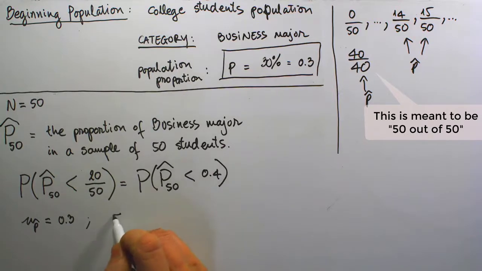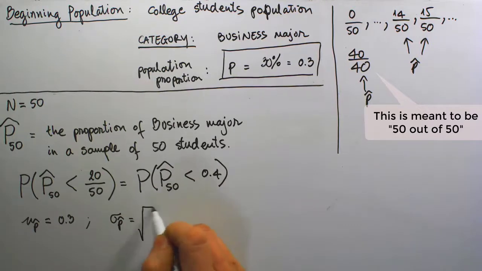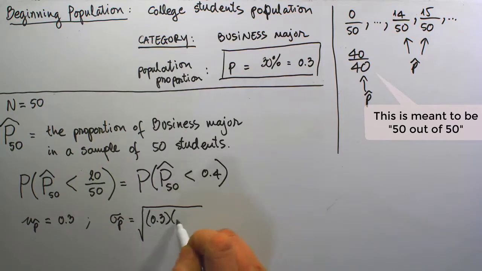Sigma p hat, which means the average spread of this population, is calculated through an easy formula: square root of 0.3 times 1 minus 0.3.